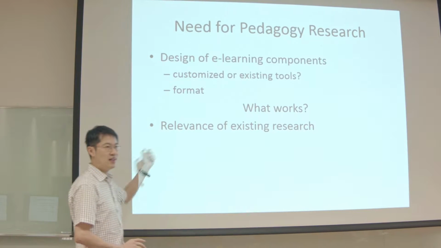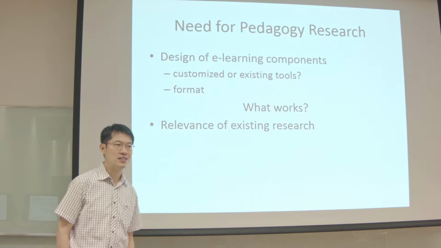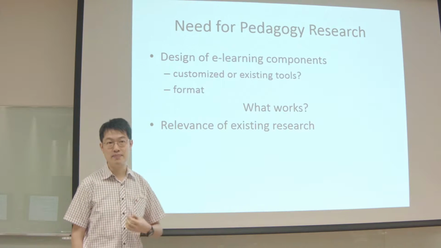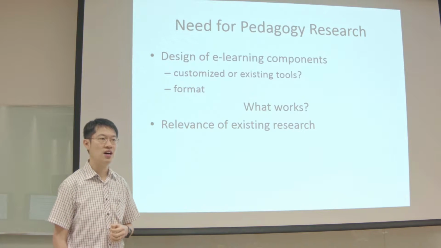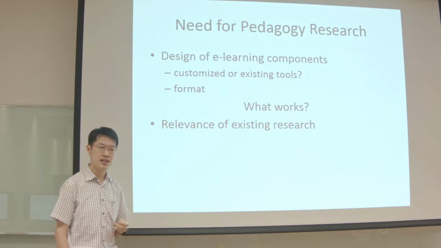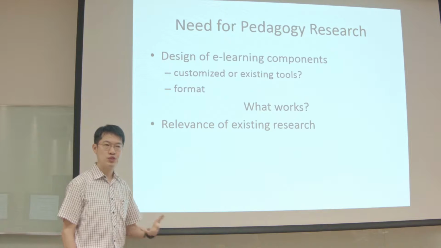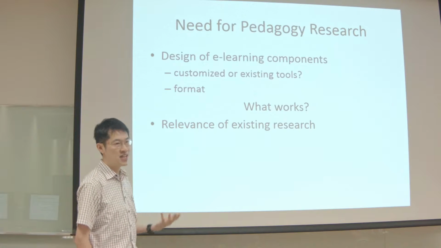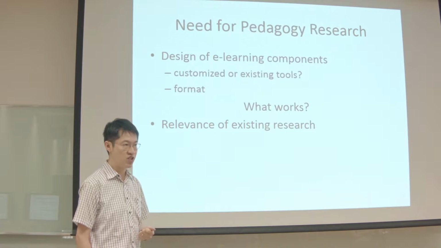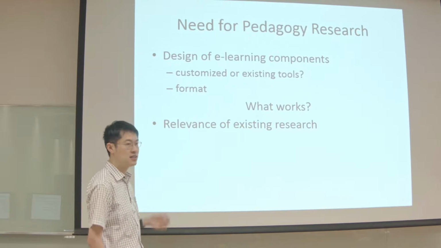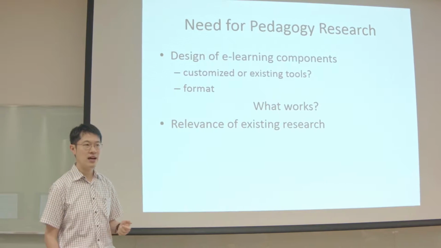Of course, with such a big topic, you would expect research has already been done. And so here is the question of the relevance of existing research. People from different schools and different countries may have done this kind of research, and many engineering colleagues in engineering education also did this kind of research. But are they relevant?